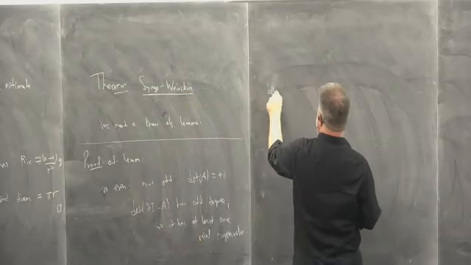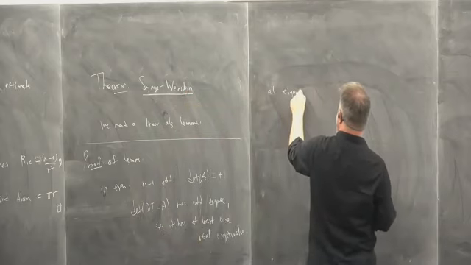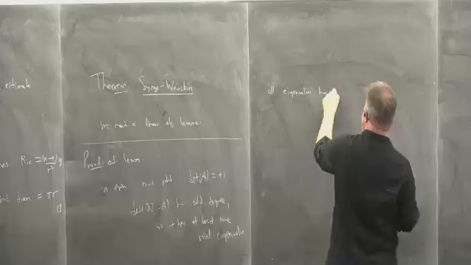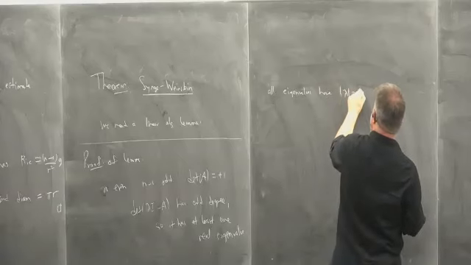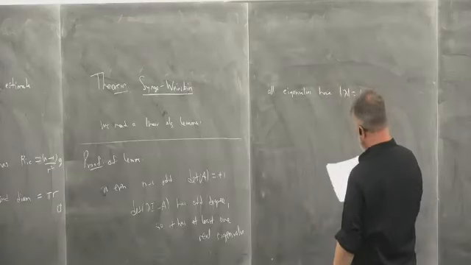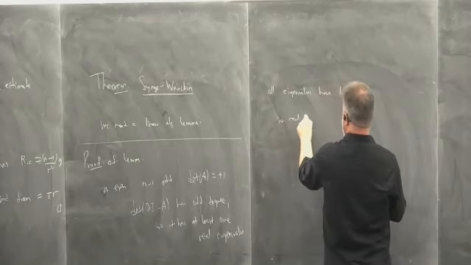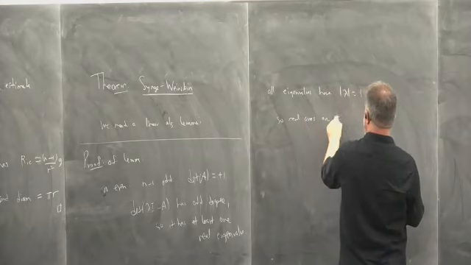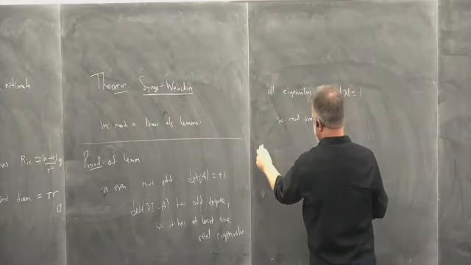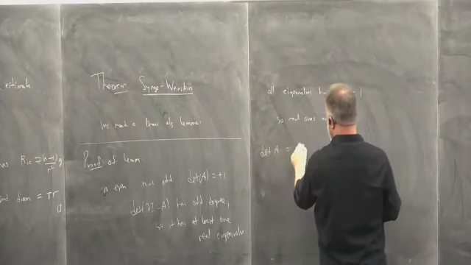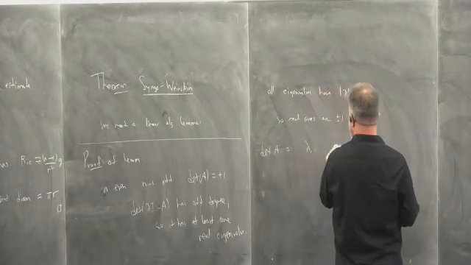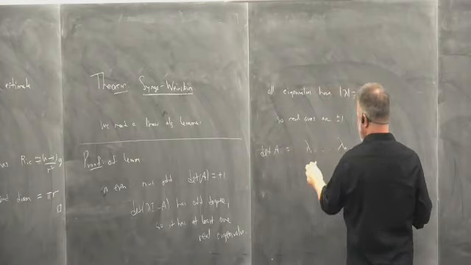And all the eigenvalues, because it's orthogonal, have absolute value 1, even the complex eigenvalues. So the real ones are plus or minus 1. And what do we have? The determinant of A is the product λ1 up to λ(n-1).